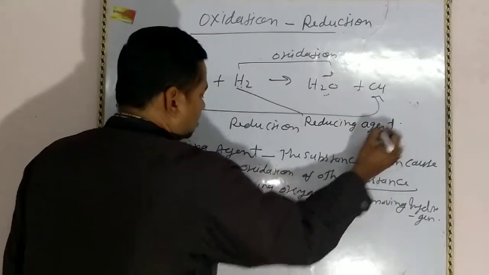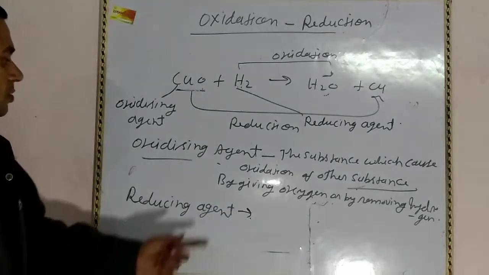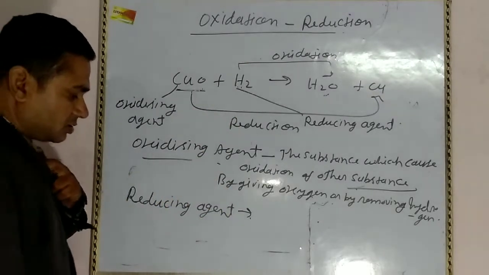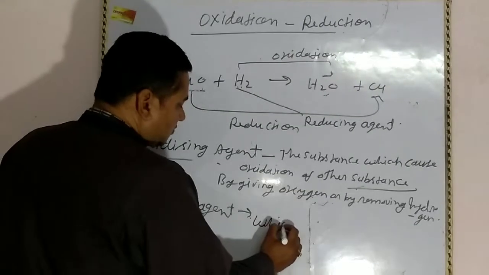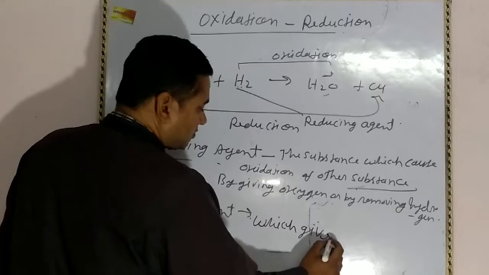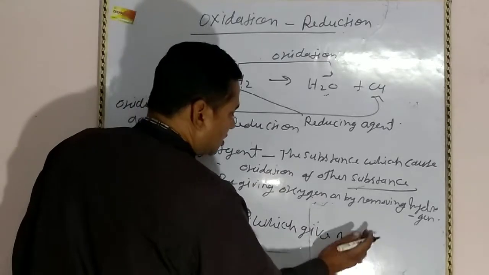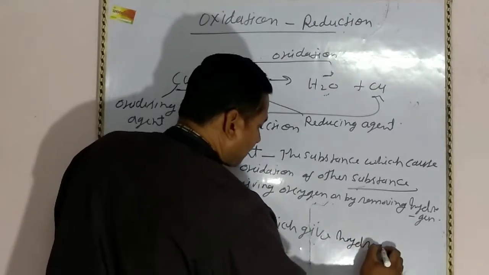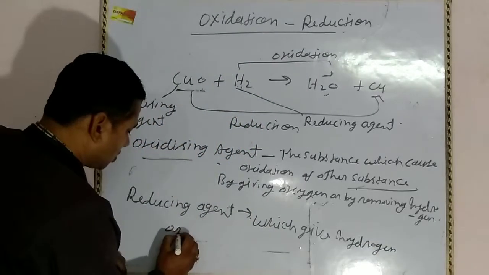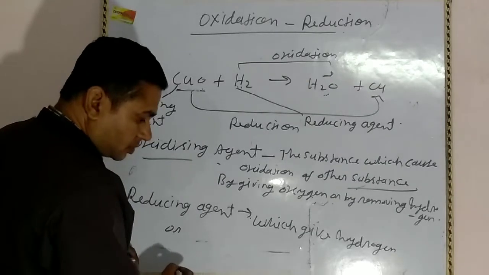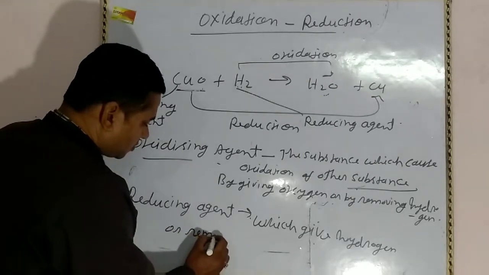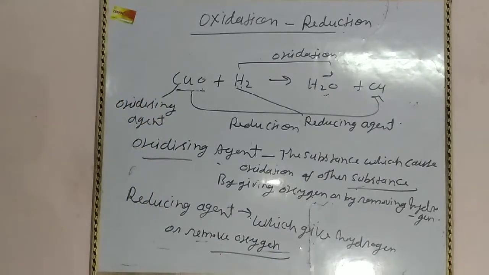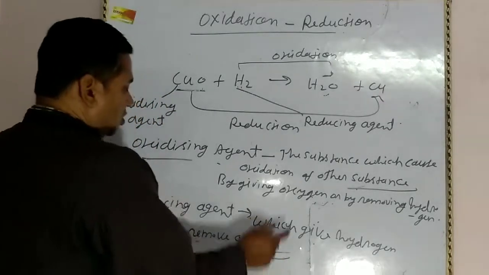Now we can define reducing agent also, because copper oxide is giving oxygen, so this is oxidizing agent, and reducing agent is that which gives hydrogen or removes oxygen.